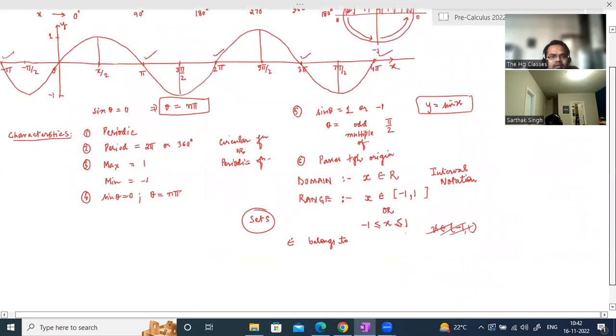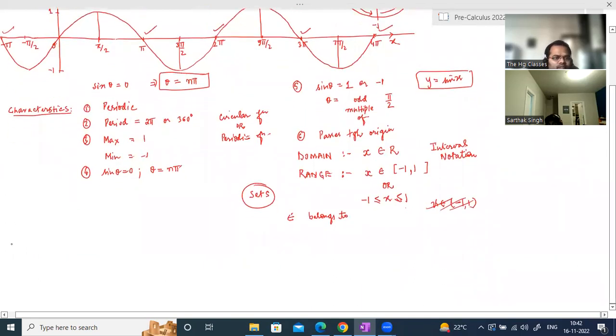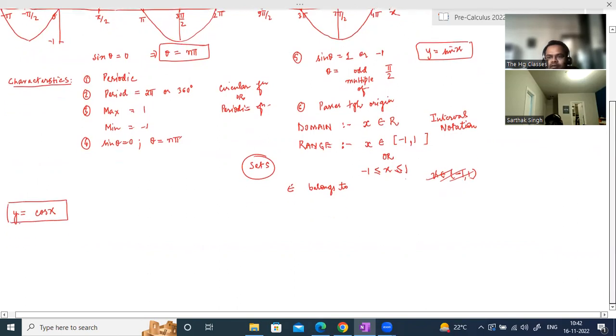Now let's come to cosine. Any doubts in this? No. Okay. Next is our cosine function. If I draw a unit circle and try to see as theta increases, what happens to x?